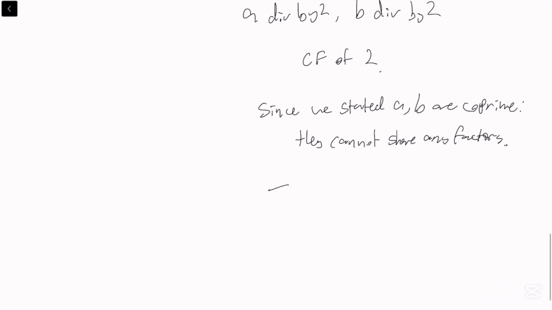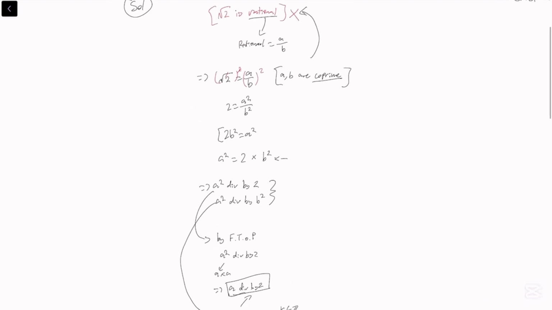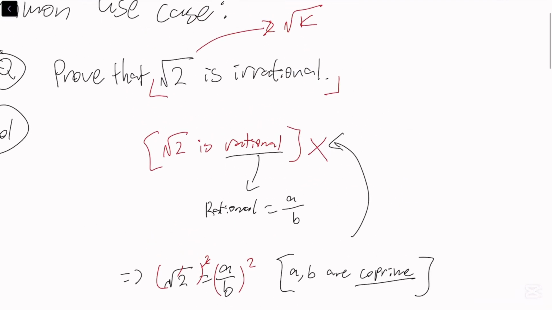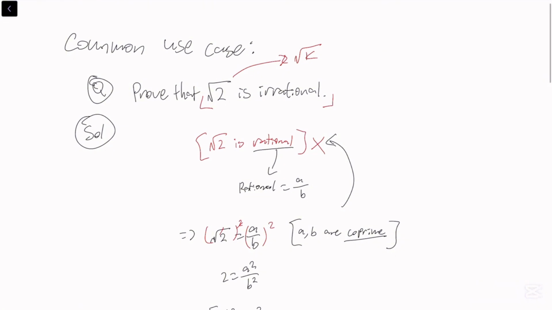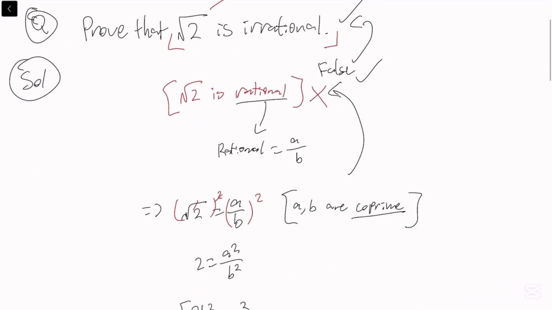So this contradicts our statement. And since this contradicts our statement, this statement must be incorrect. Therefore, since this is false, we've completed this step, which proves that this must be true.